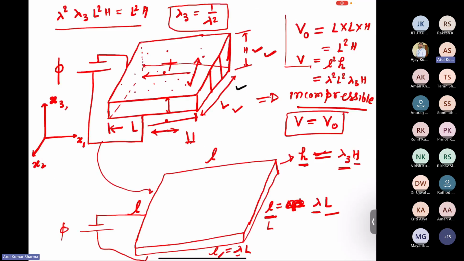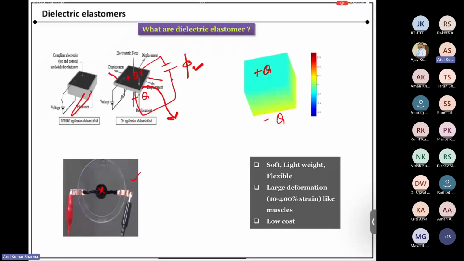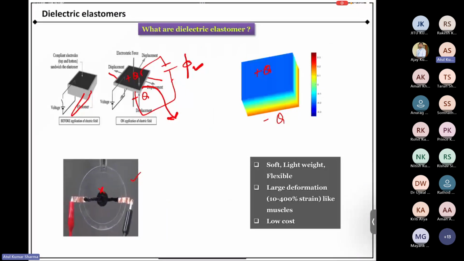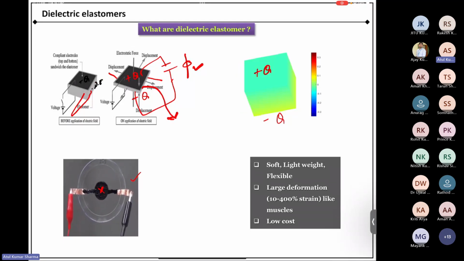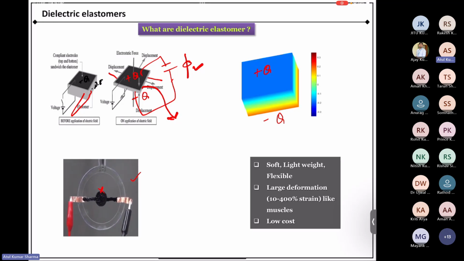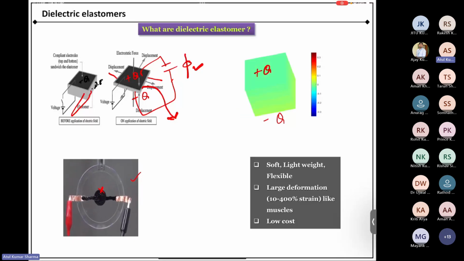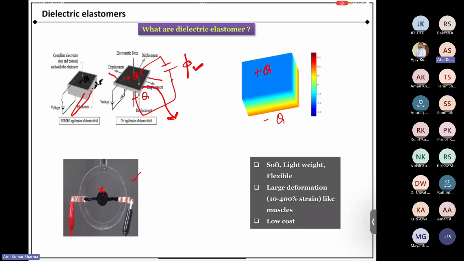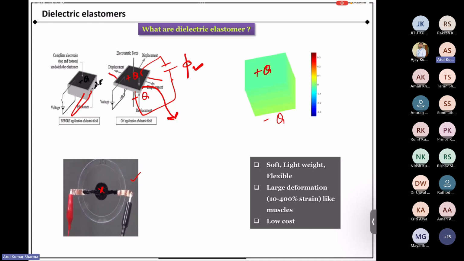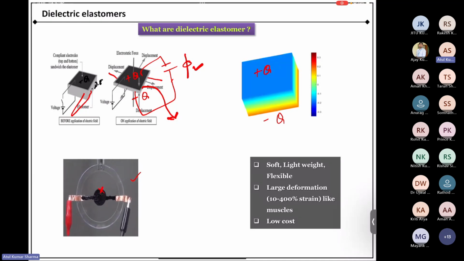If you talk about a parallel plate, this system is the same as the parallel plate capacitors you have studied. You have two metal plates, and in between you have a dielectric material. The electrostatic energy stored in the parallel plate capacitor is, you know, half C into phi square, where C is the capacitance and phi is the applied potential difference.